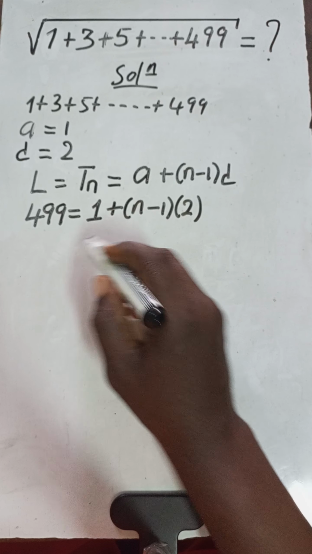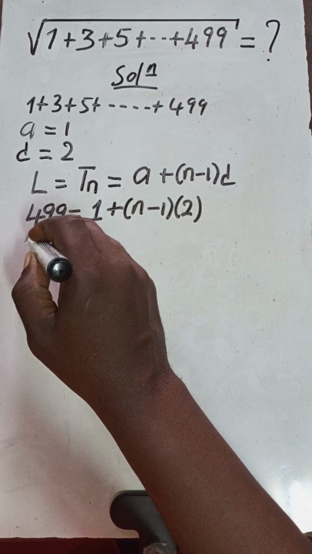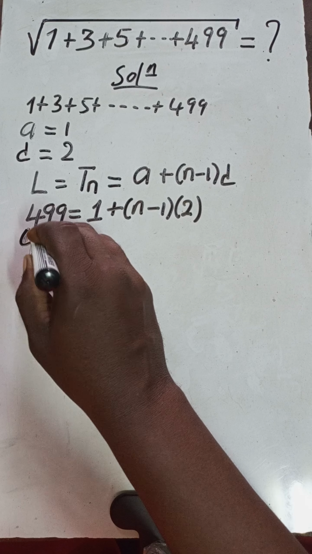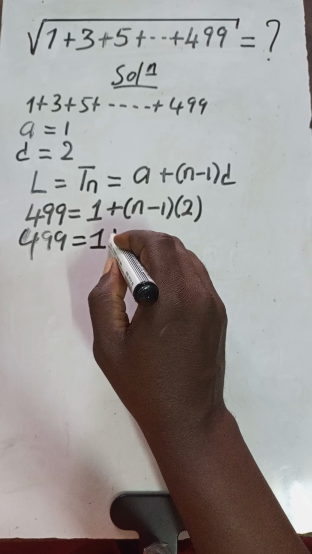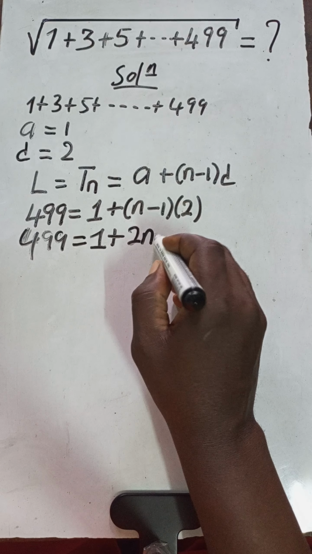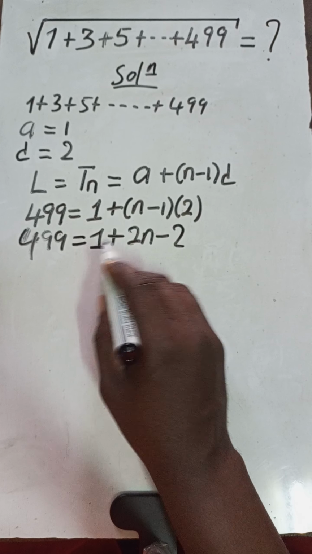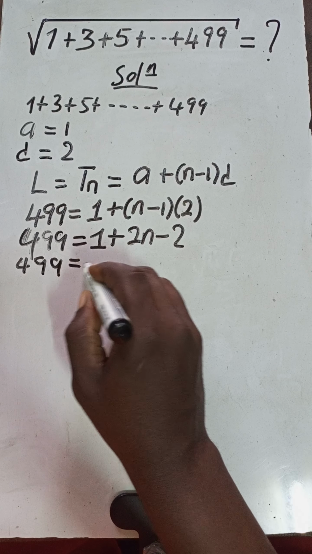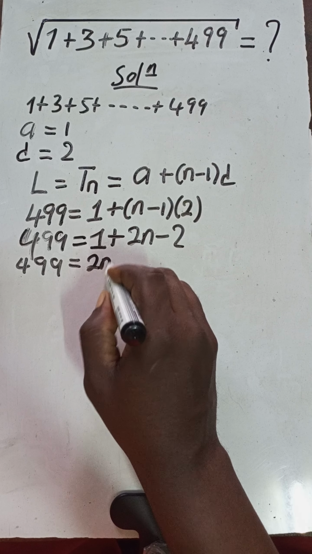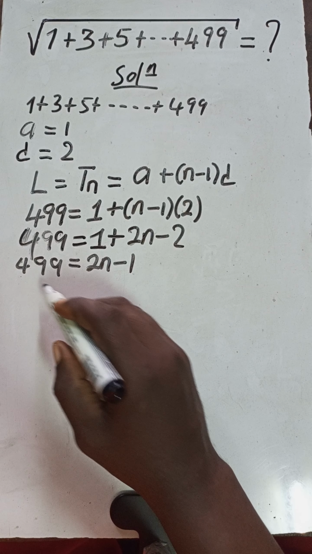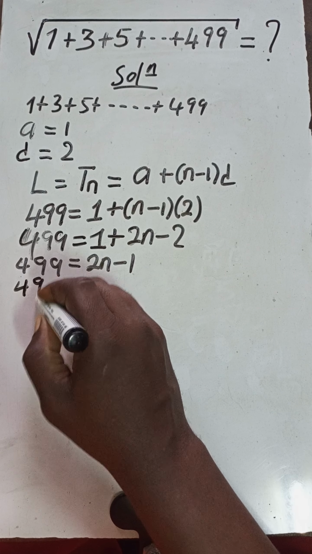All right, so let's solve for n in this equation. Let's first of all open this parenthesis. So we have 499 is equal to 1 plus, multiply everything here by this 2. We have 2n minus 2. 1 minus 2 is negative 1. So we have 2n minus 1. If we take this negative 1 from the right-hand side to the left-hand side, it becomes positive 1.